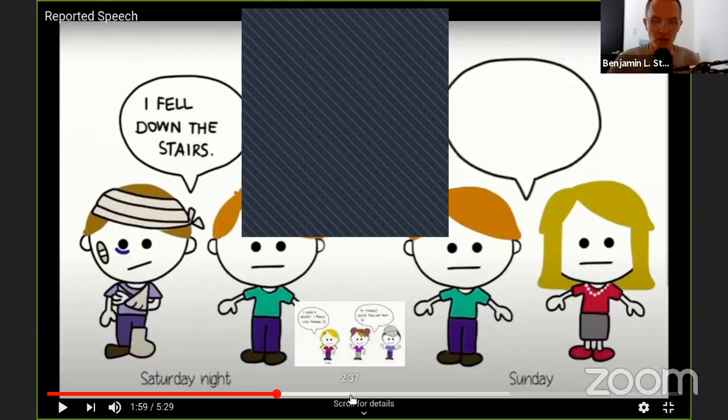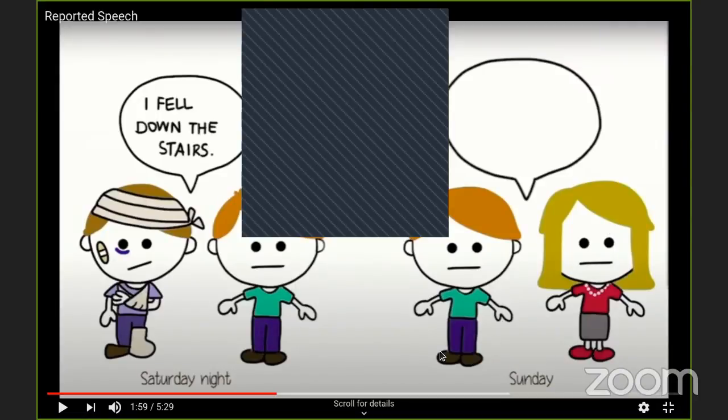What do you think? Who's doing the reporting in this example? We've got, I guess this is the son, this is the father, and this is the mother.